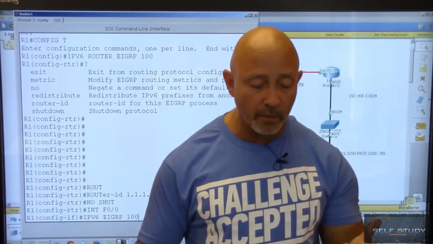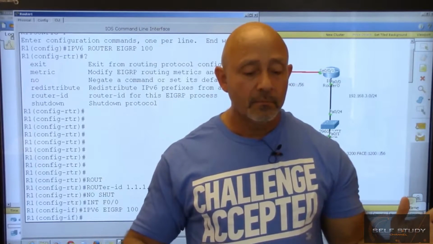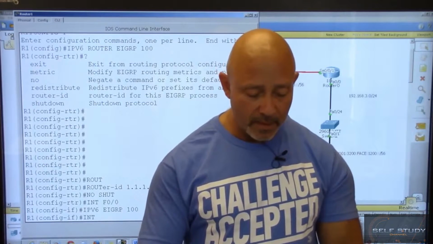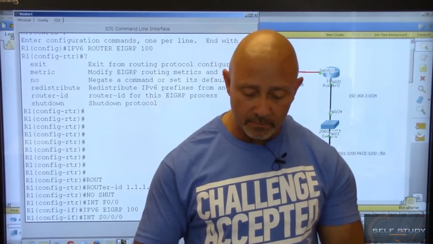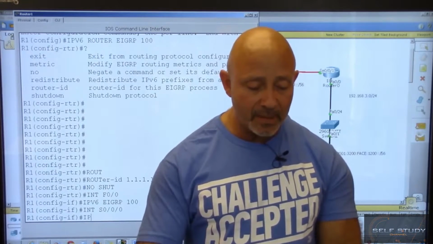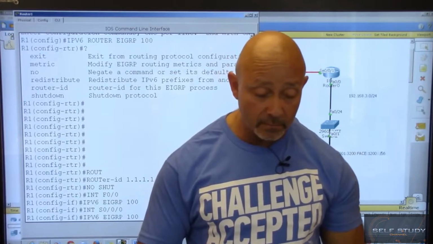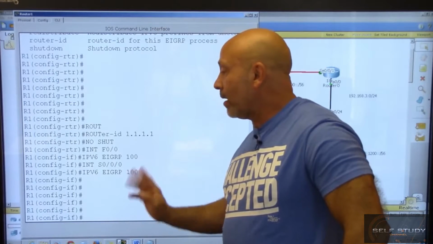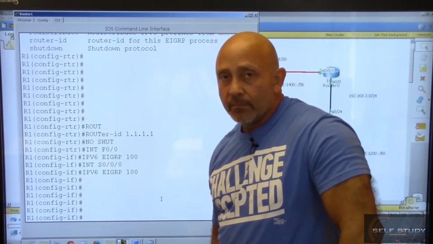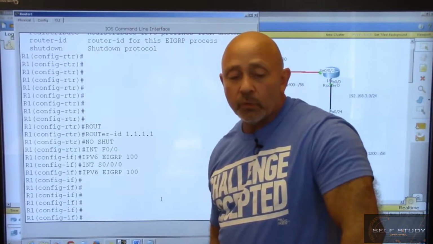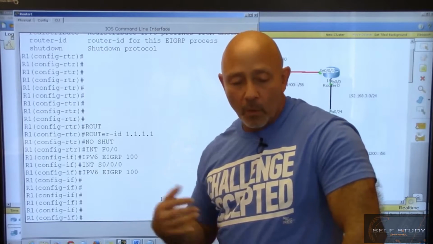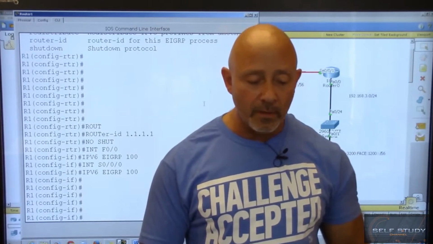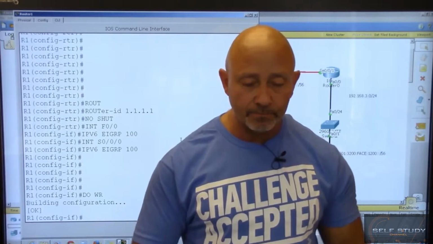What is it? 100. And then go to interface S0/0/0, IPv6, I'm just going to up arrow, 100. So I enabled that autonomous system on those two interfaces. And we're going to do the same thing on the other routers. Let me save this, do WR.